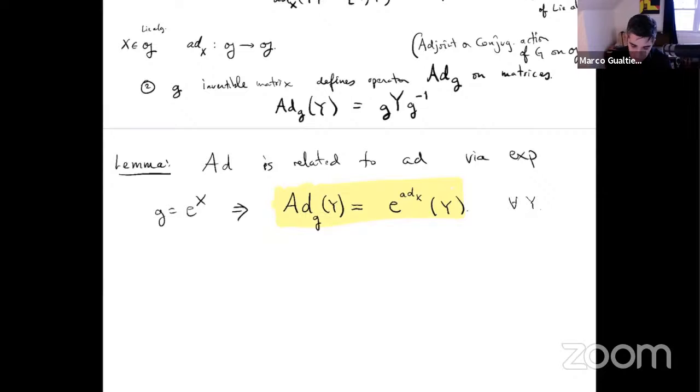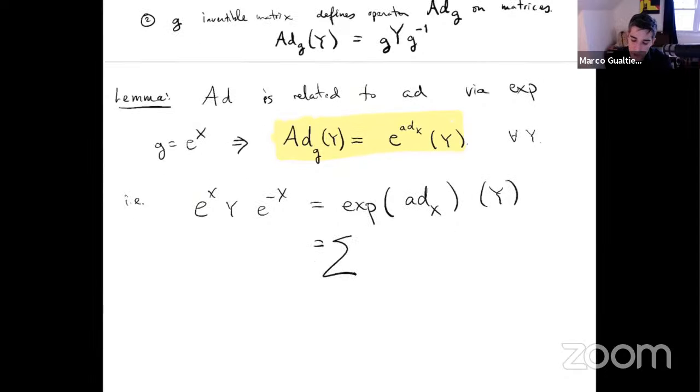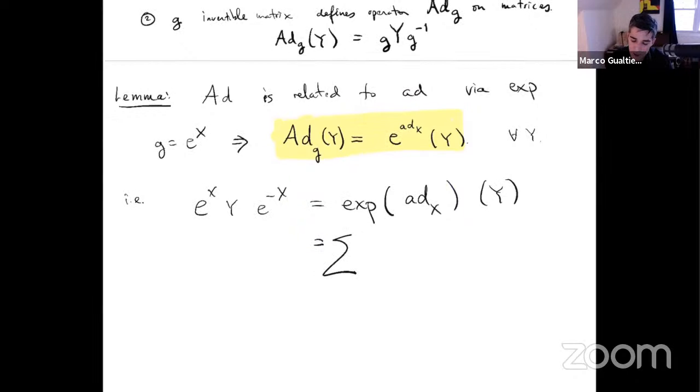So in other words, removing all language from it, it's just a formula like this: e to the x, y, e to the minus x is equal to the exponential of ad x applied to y, which means if I expand this out, it's going to be the exponential of bracketing x against y. I'll write it out as an infinite sum.